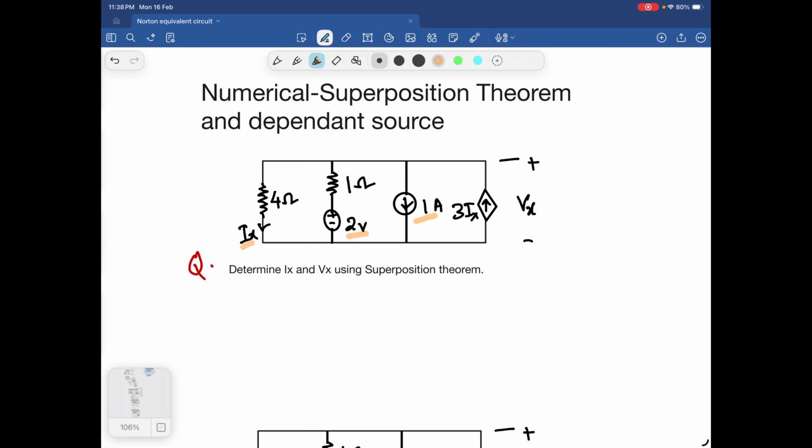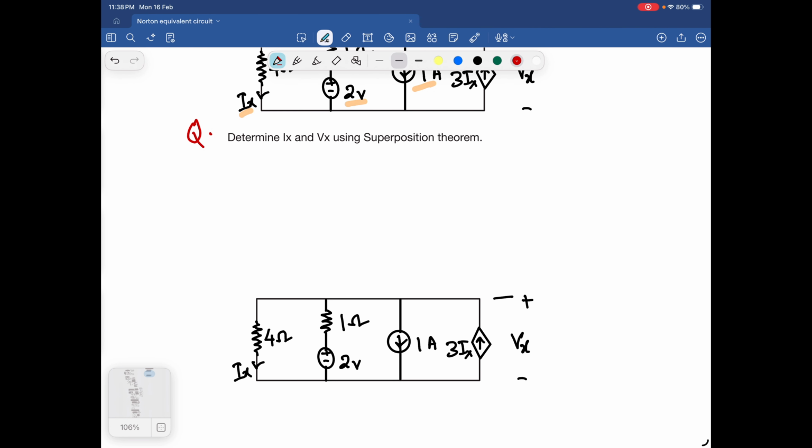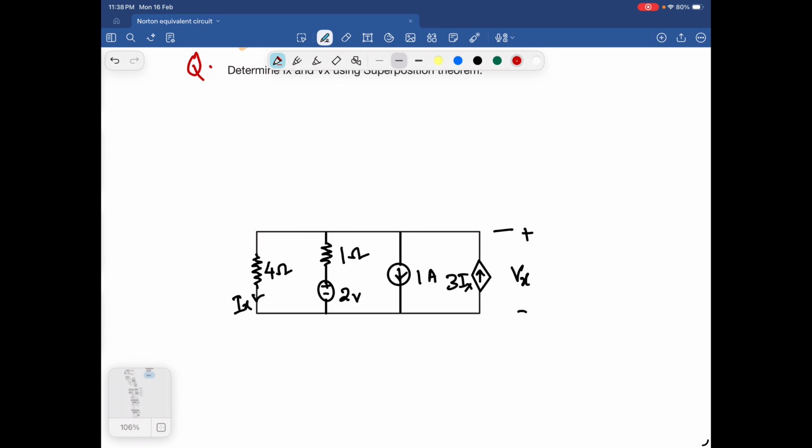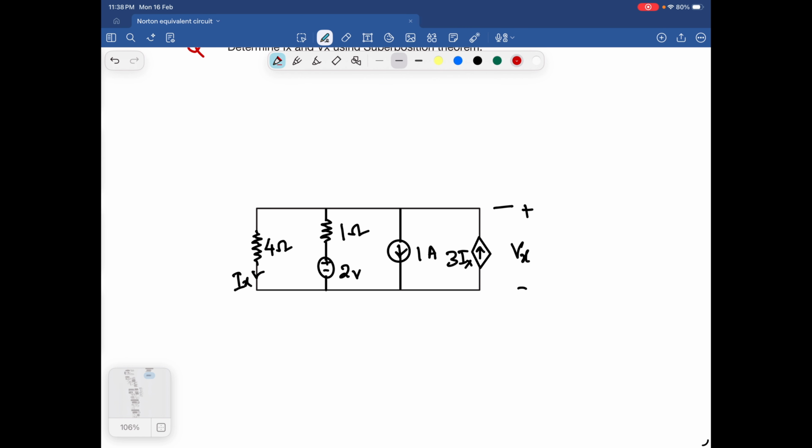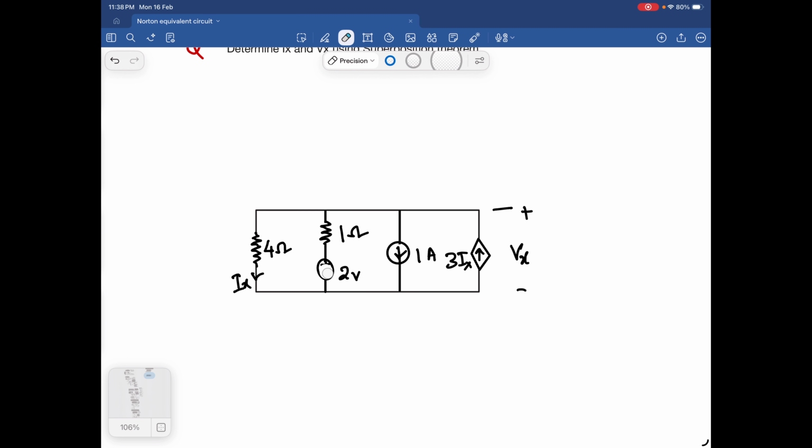First we will use the 1 ampere current source acting alone. When the 1 ampere current source is acting alone, we have to replace the other source by its internal resistance, so we replace this voltage source by a short circuit.